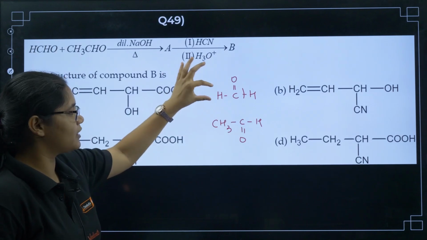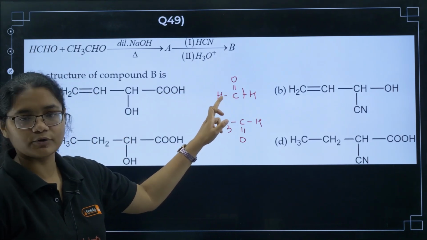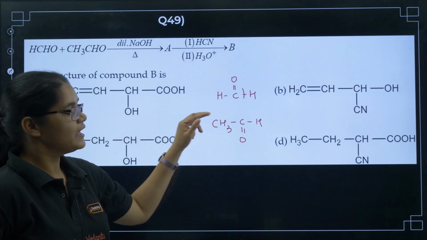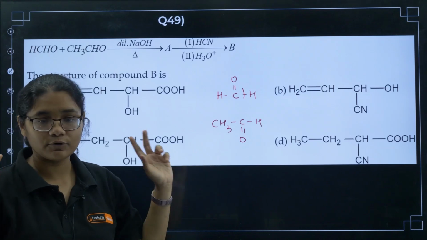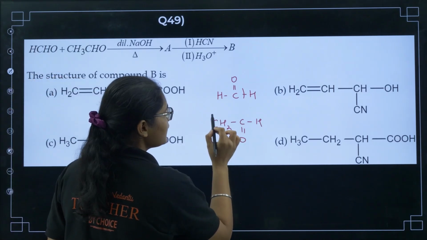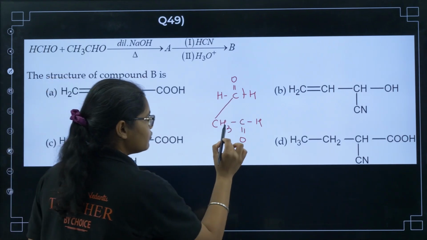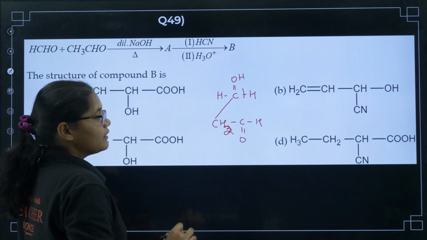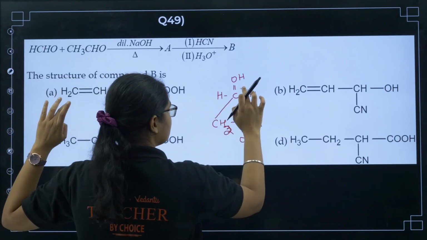The alpha carbon will always attack the carbonyl carbon, and alpha carbon means the carbon next to the CO group. So this one cannot attack this one because there is no alpha carbon. Now this group will attack this one, right? Next step is to remove one hydrogen here, add one hydrogen here, this bond is formed, so this bond will be removed. So what will I get?